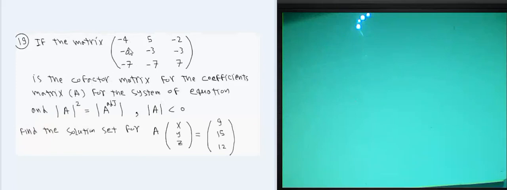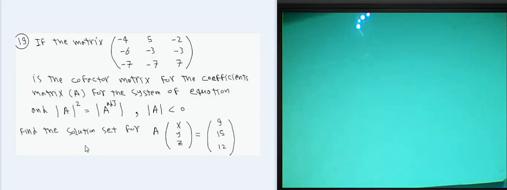Question 19. The matrix with rows -4, 5, -2, -6, -3, -3, -7, -7 is the cofactor matrix for the coefficient matrix A for the system of equations, and the absolute value of determinant A power 2 equals the determinant of A adjoint, when the determinant is less than 0.